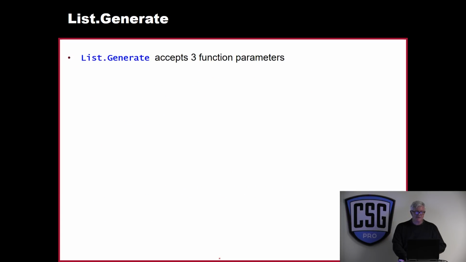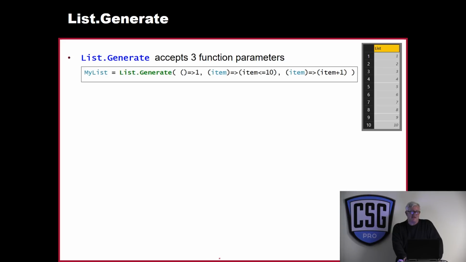Now, some of the other things that you can do is, let's say that you want to create a query to generate a sequence of numbers. Maybe you're doing some type of mathematical work, or you want to make some kind of sample data set. So List.Generate is one of the functions that's built in, and it accepts 3 parameters.